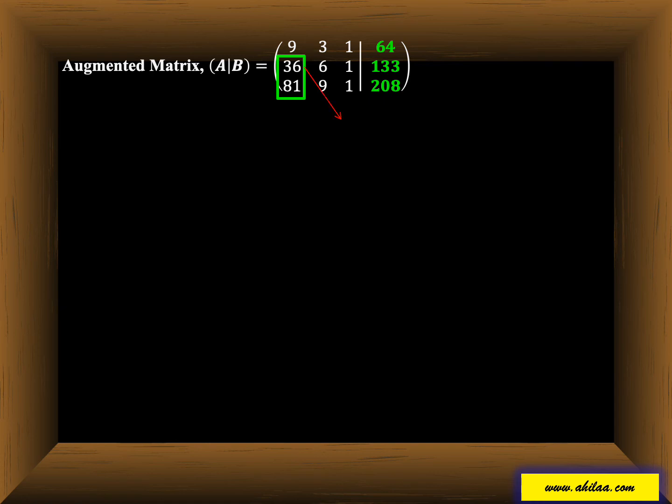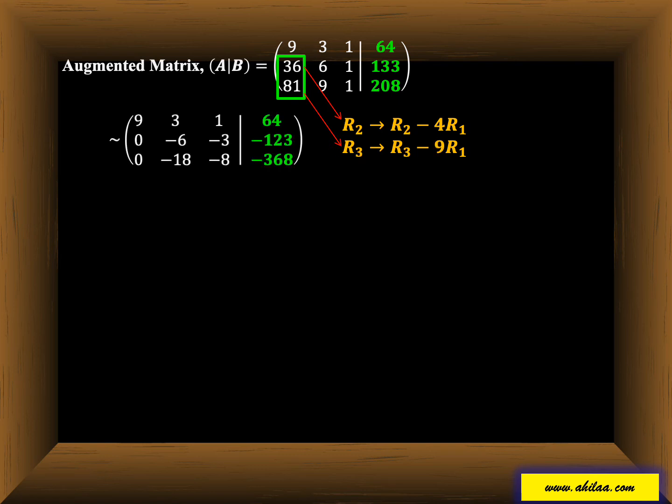In order to make 36 to be 0, using the first row as our pivot row, the operation is R2 tends to R2 minus 4 R1. To make 81 to be 0, R3 tends to R3 minus 9 R1. So our equivalent matrix is like this. Now I inspect the second row, which is getting all the elements negative and divisible by 3.